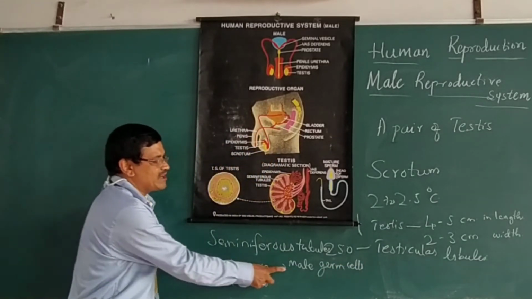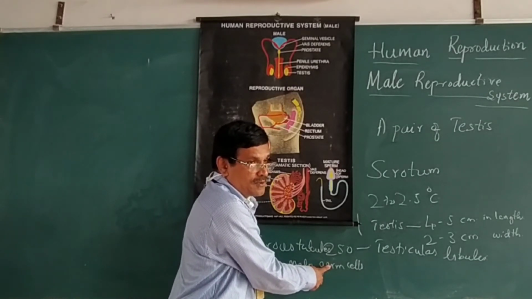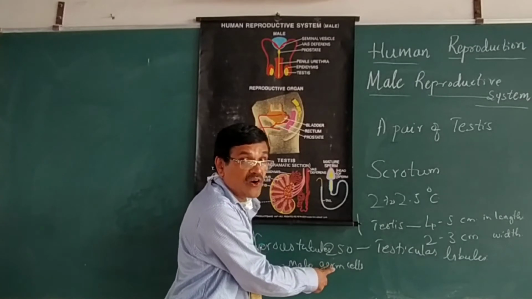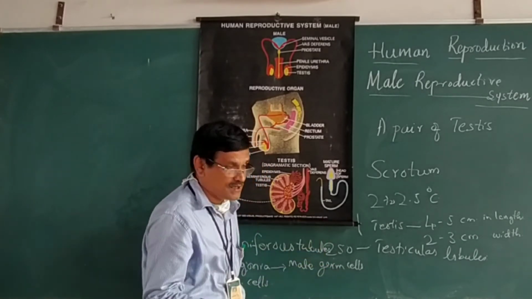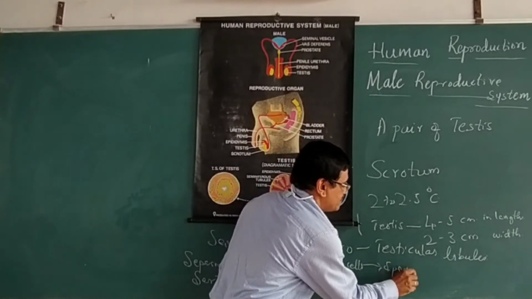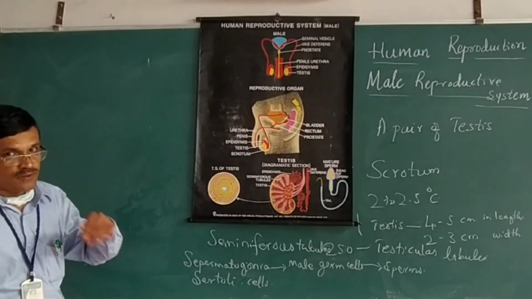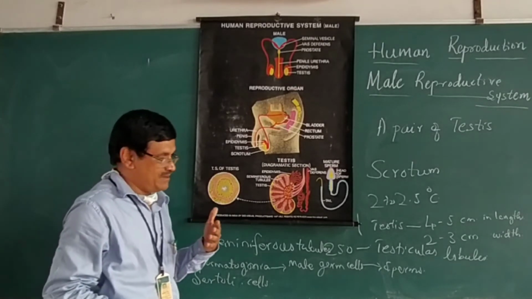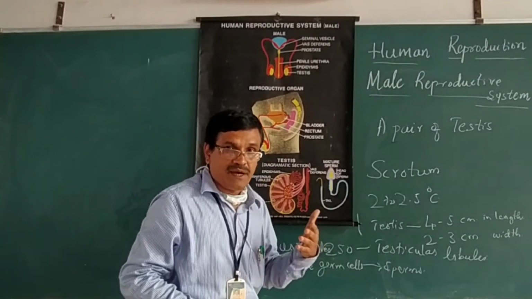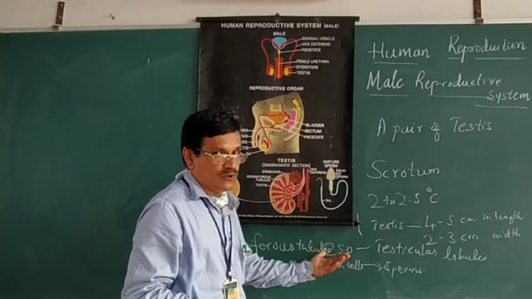And these male germ cells undergo successive mitotic and meiotic division, that's a reduction division, to form sperms. I mean, the process of spermatogenesis occurs inside the seminiferous tubules.